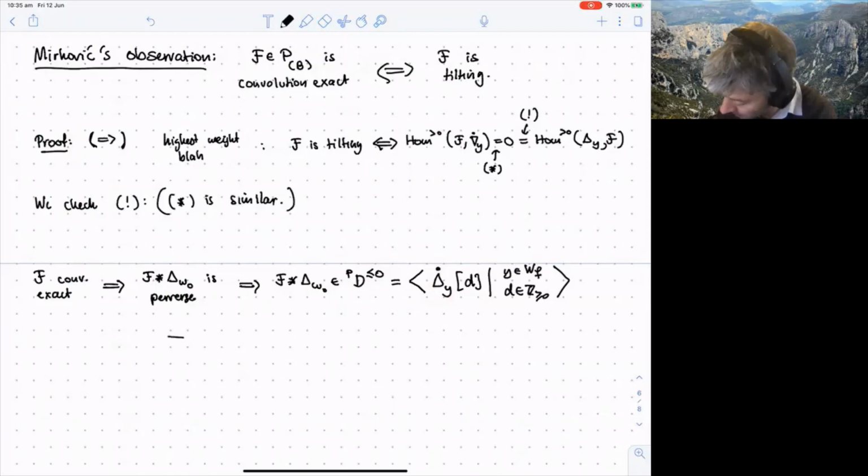So now this tells us that F is in, we can undo this operation.